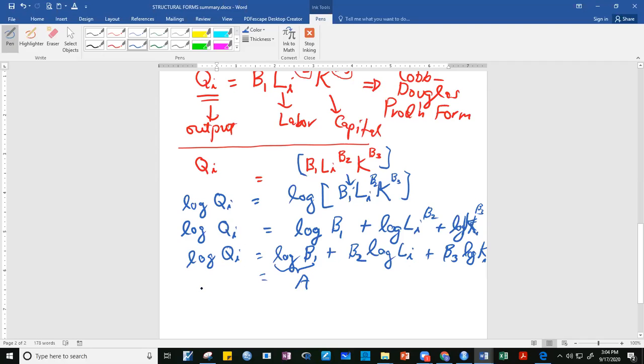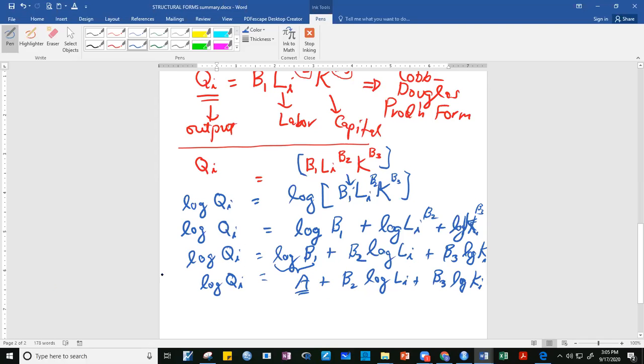Okay, so this becomes log of Q sub I is equal to a certain constant for the intercept plus B2 log L sub I plus B3 log K sub I. All right? You follow, guys? Yes po. Yes, sir.